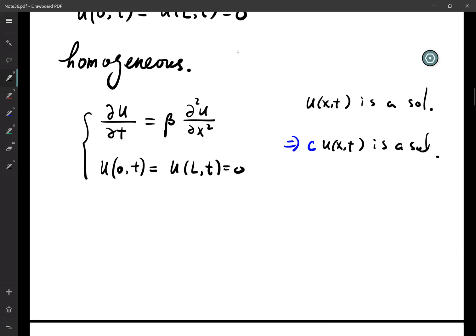Now, starting from the very beginning of this semester, we have gone through this mechanism a couple of times now. Whenever we see that there is a homogeneous part and an inhomogeneous part, we always first study the homogeneous part. We study the process to death.